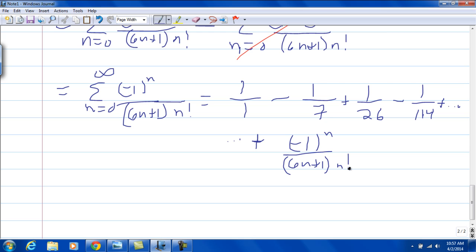Okay. So we need to figure out how many terms we need to go. I mean, we have n equals 0, n equals 1, n equals 2, n equals 3. And we need to get to a term where adding that term is going to be less than 0.0001.